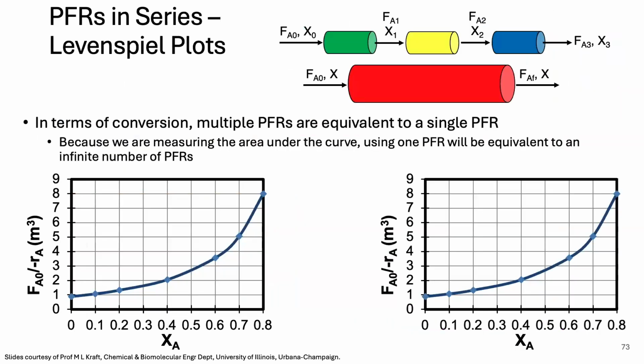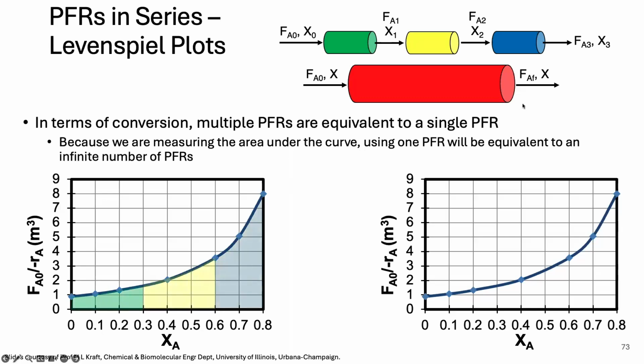Now, what about PFRs in series? We said for a PFR, the volume is related to the area under the curve of Fa naught over negative Ra by Xa. Consider the case where we have 3 PFRs in series versus a single large one.